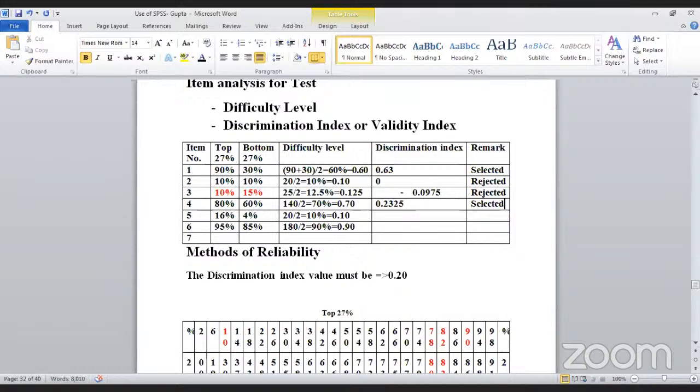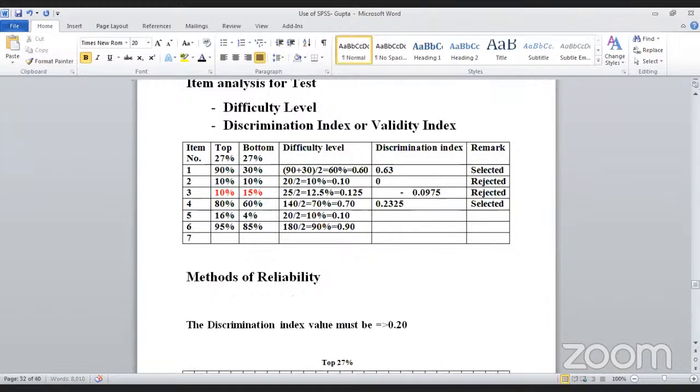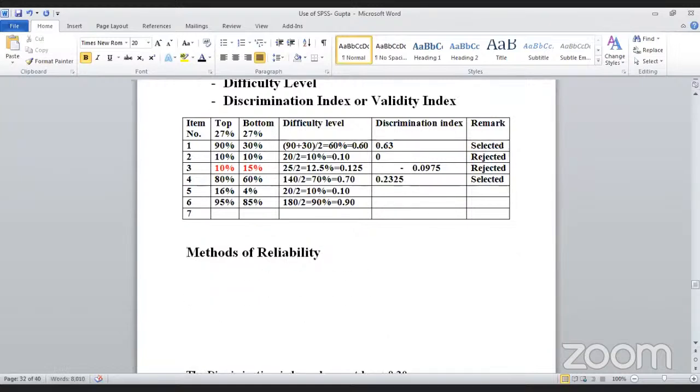Now, all those items which have been selected, keep them ready, and after that you can go ahead with establishing the reliability, validity, and the norms. So I'm now taking those items which are selected.